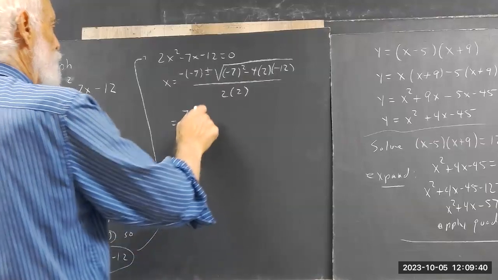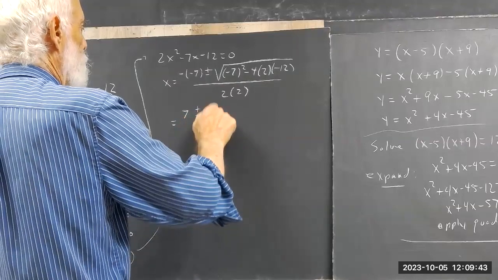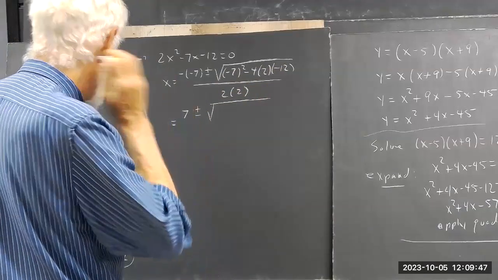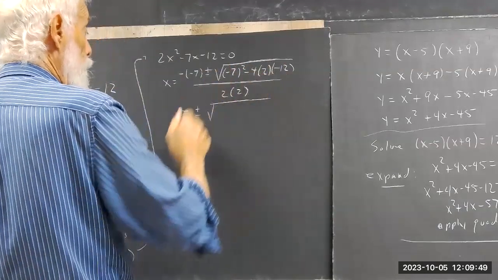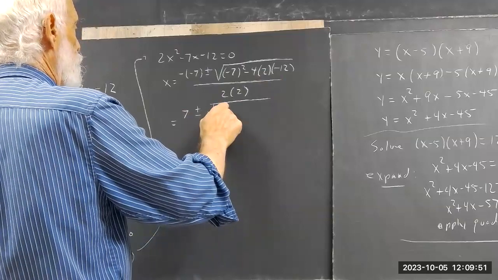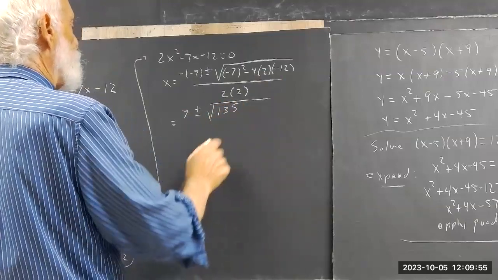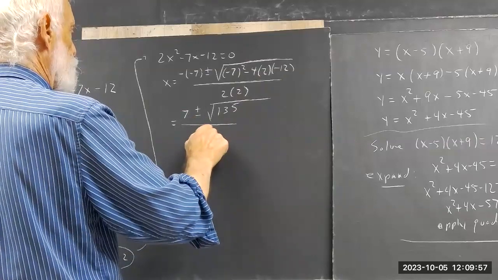Okay, so we have this. 4 times 2 is 8 times 12 is 96. You have 2 negatives, so it's 96. And this is 49. So we have 145 under the radical sign.